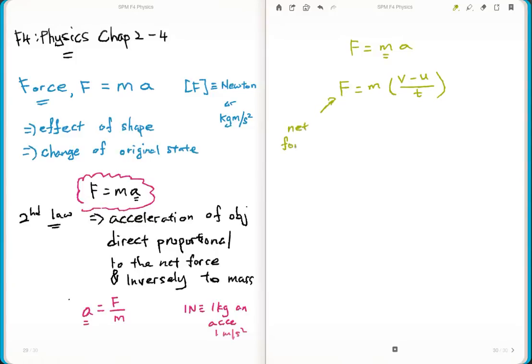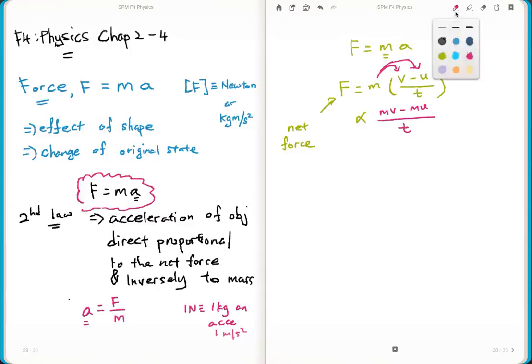The net force is directly proportional to, now if you do the maths, you times m into it, what happened? That will be mv minus mu over t.